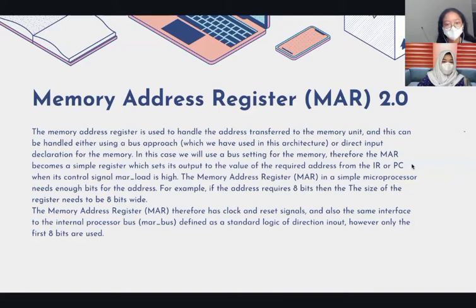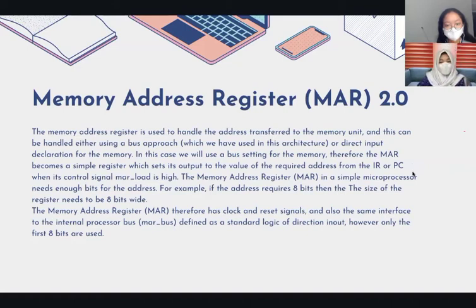In this case, we will use a bus setting for the memory, therefore the MAR becomes a simple register which sets its output to the value of the required address from the IR or PC when its control signal MAR_load is high.